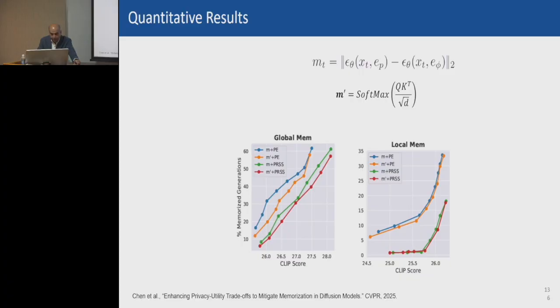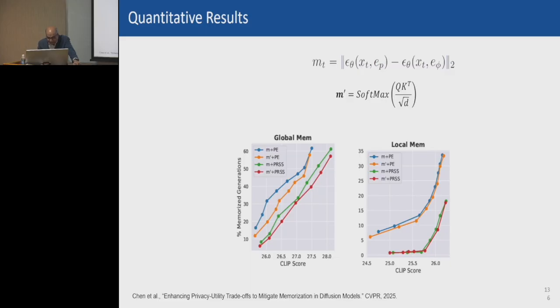Now, this one is global memorization, and this is local memorization. As you see, the local memorization makes a big difference, right? So this blue one is the prompt engineering, the standard method, which is shown here.